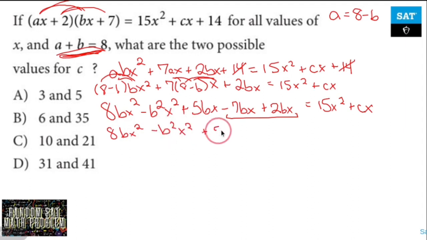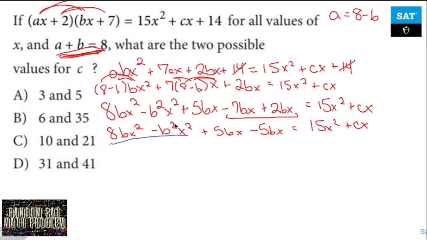I have 56x still. And now I have minus bx equals 15x squared plus cx. So this is what I did. Again, maybe not the best way, but this is how my brain works.